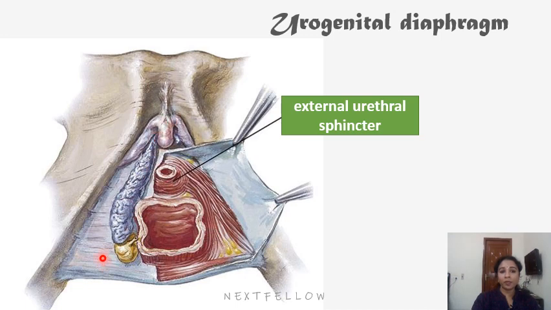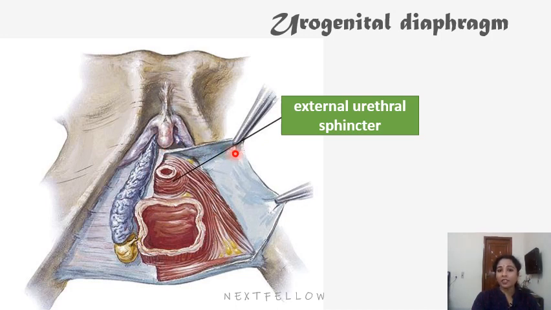This is a female perineal region, only the urogenital region, where we are seeing on one side the superficial perineal pouch, and on the other side the deep perineal pouch. So superficial perineal pouch contains glands of Bartholin or greater vestibular glands in females. But in males, the glands are located in the deep perineal pouch, which are bulbourethral glands.